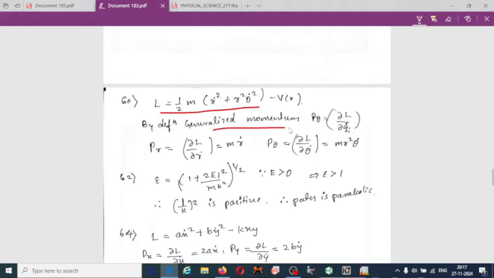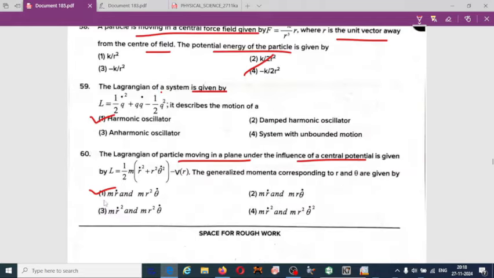By definition of generalized momentum, we have P q equal to dou L by dou q dot. P r is equal to dou L by dou r dot. If we differentiate with respect to r dot from the given Lagrangian, we will get m r dot. If we differentiate with respect to theta dot, we will have m r square theta dot. So option 1 is correct.